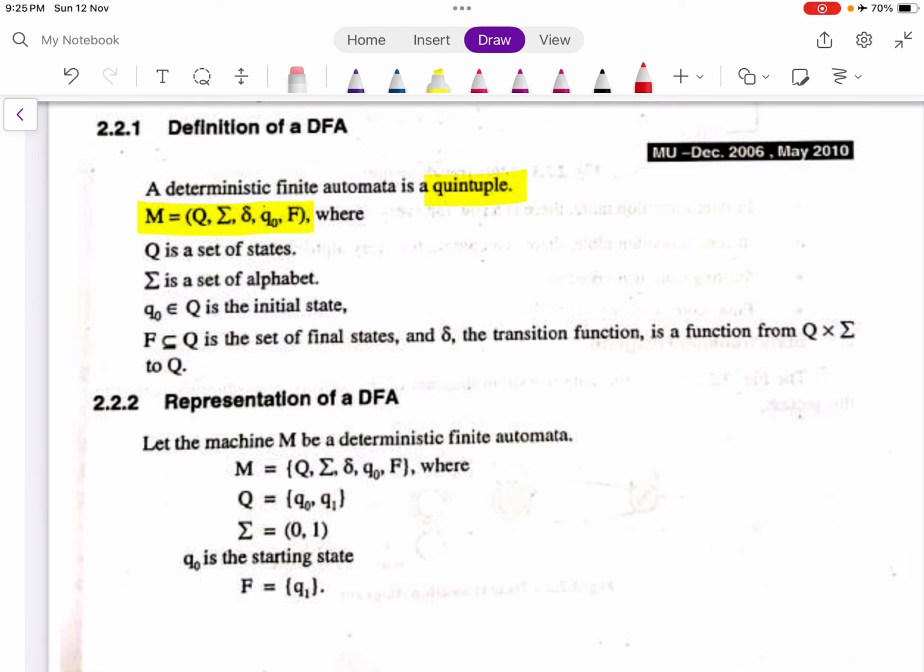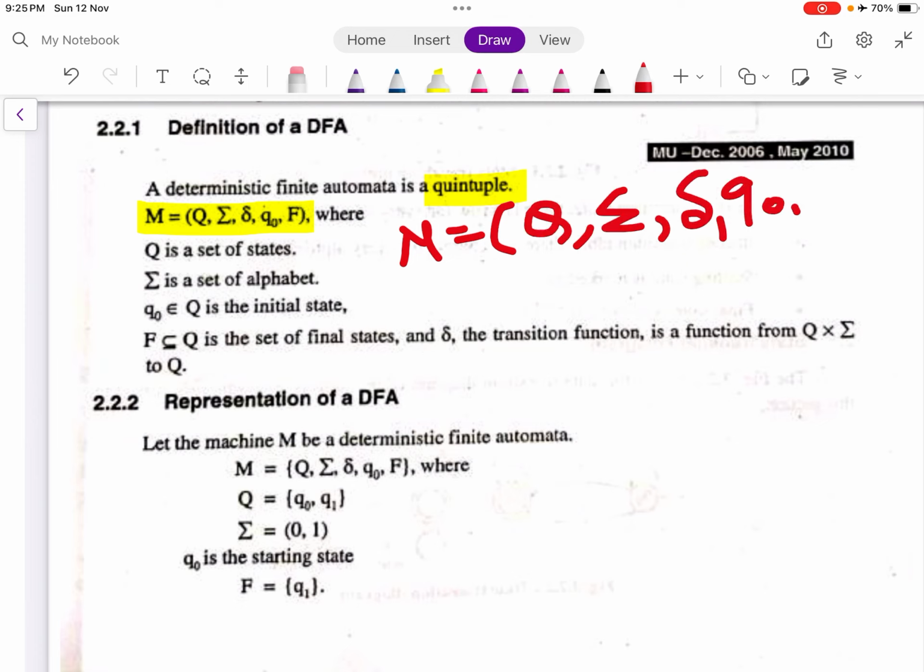So quintuple means M equal to Q, Σ, δ, Q0 and F, where Q is a set of states, Σ is a set of alphabets, Q0 is your initial state and F is your final state.